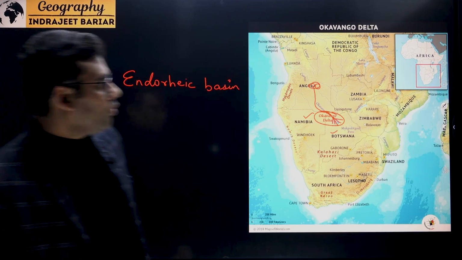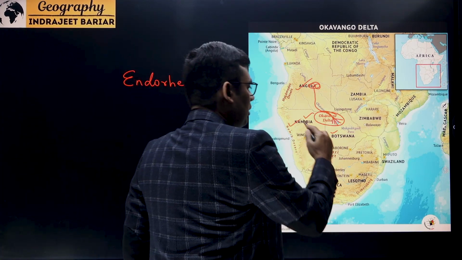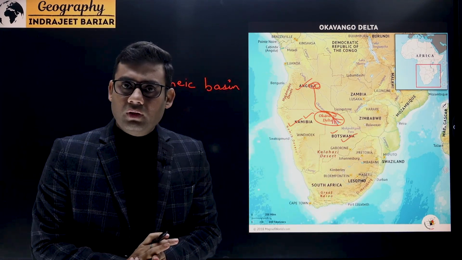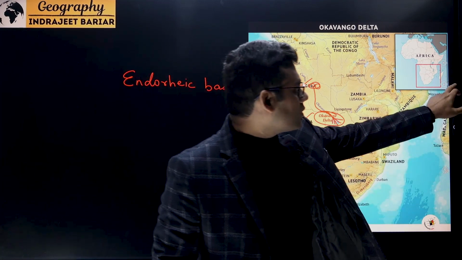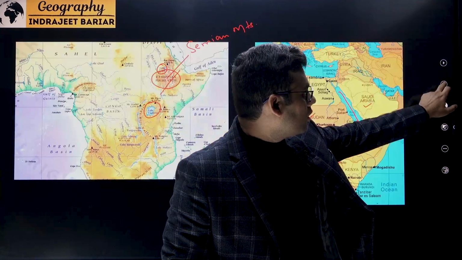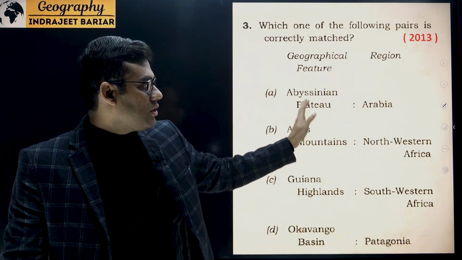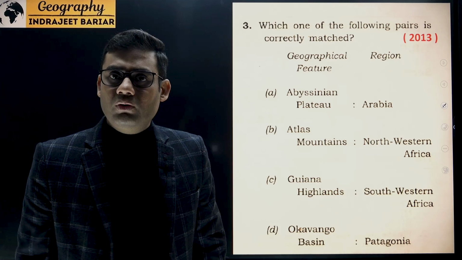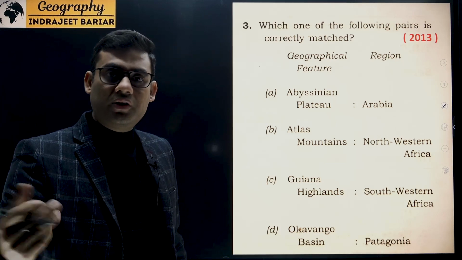So the Okavango River would be associated with the countries Angola, Namibia, and Botswana in Africa. So these are the four major features from where the question was asked. So if I go back to the question now, Abyssinian Plateau, they have said Arabia. Abyssinian Plateau we know is northeastern Africa, Ethiopia and Eritrea.